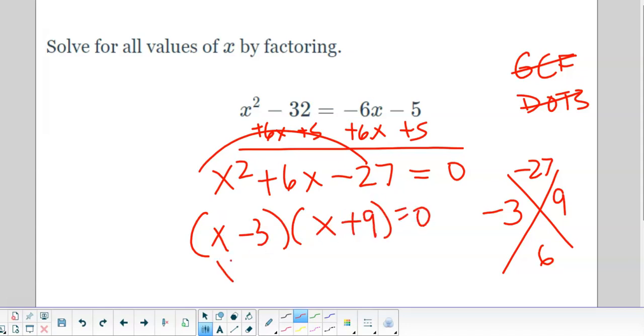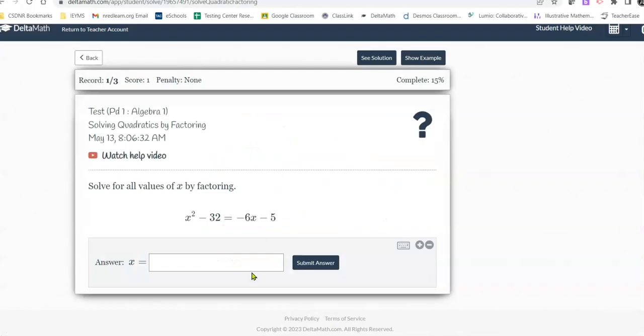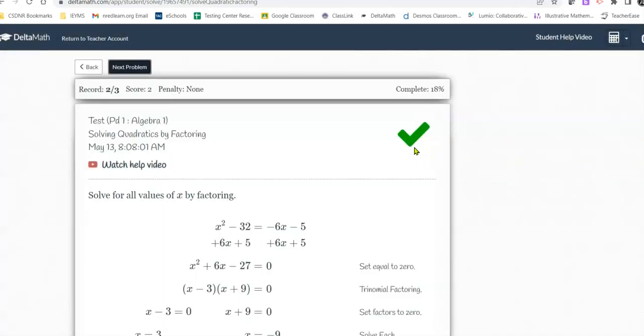Those are my factors. These are my separate equations. And my final solutions are 3 and -9 in braces. We generally put the lower number first, but it doesn't matter. So 3, -9, and we submit.